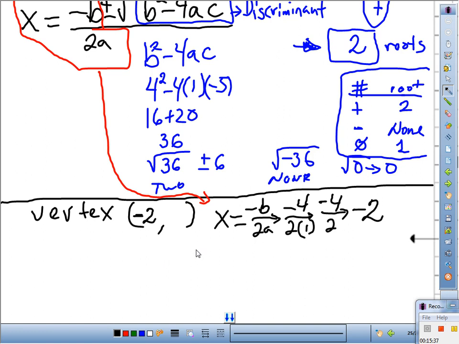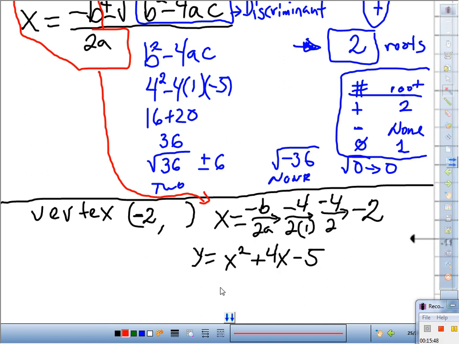The original equation was y equals x squared plus 4x minus 5. But now instead of x, what do I write here? Negative 2. I'm going to bring down the rest.